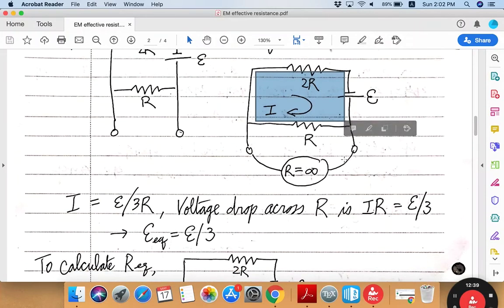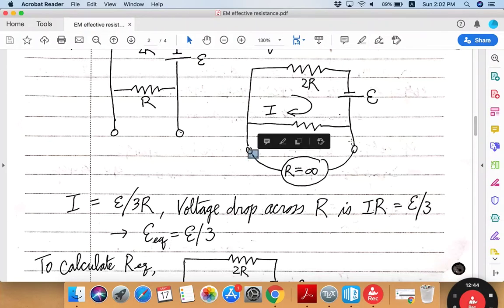Okay, but now what we want is the voltage drop between these two nodes.